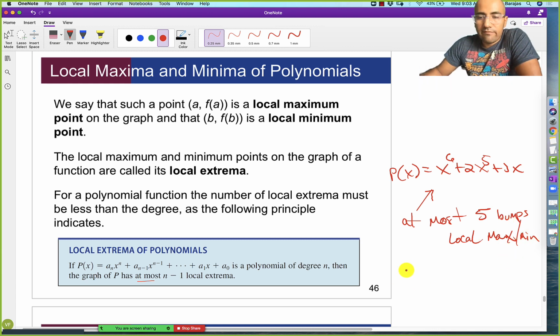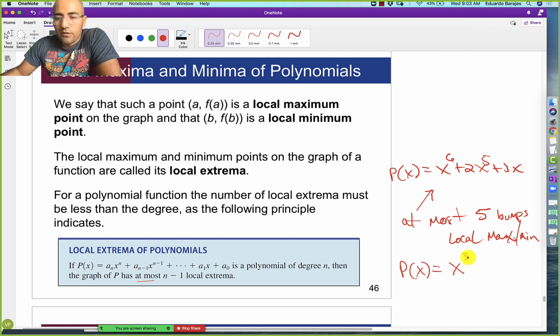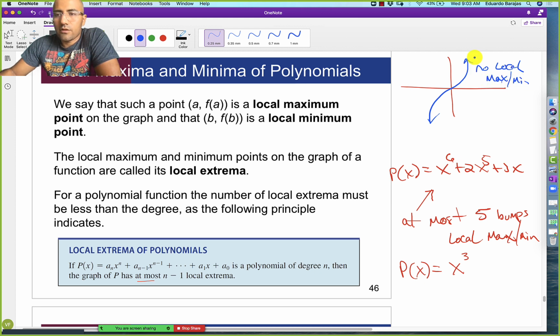Note, for example, that if I have p of x equal to just x to the third power, according to this theorem, there would be at most 2 local maximum, local minimum. But if we think about the graph of it, there are none. When we graph x cubed, it looks like this. So there are no local max or min in x to the third power.